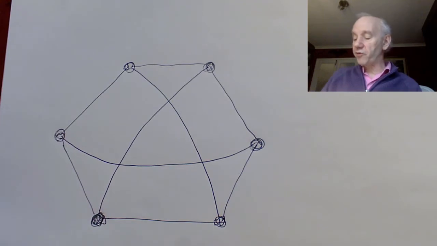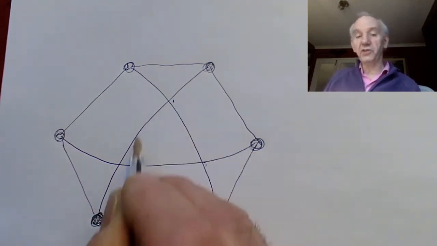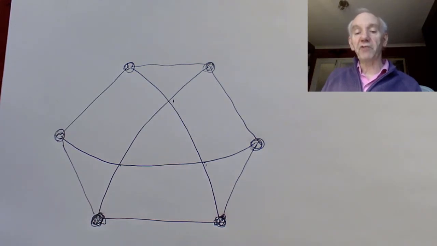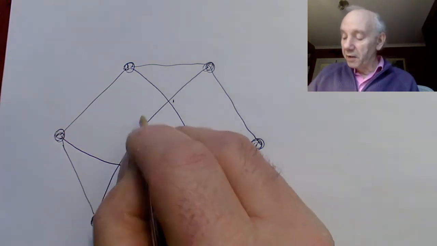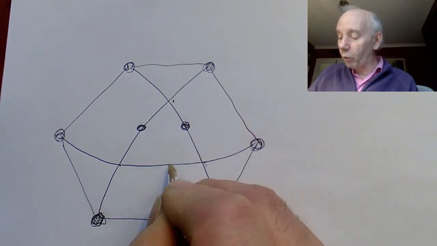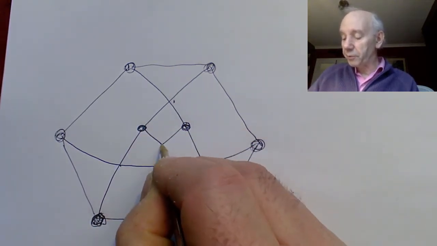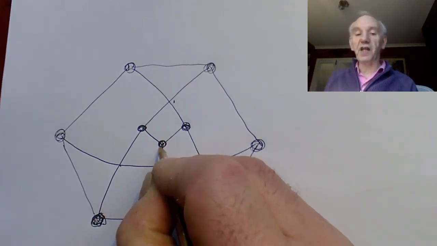Now, these intersections will not be vertices. These 3 intersections, these are not vertices. But sequentially, I want to construct the Petersen graph, so I need 4 more vertices. And these 4 more vertices will be 1 here, 1 here, 1 here, and then I fit a Y, if you like, into the middle. And this middle point is a vertex. So now I do have 10 vertices.